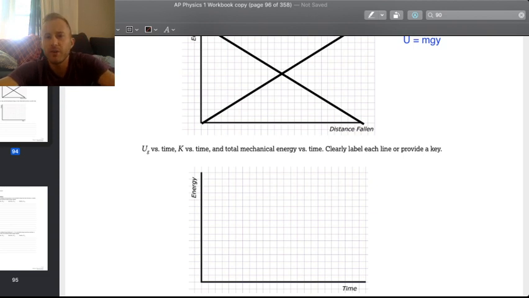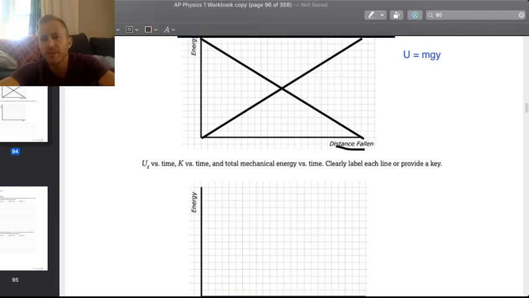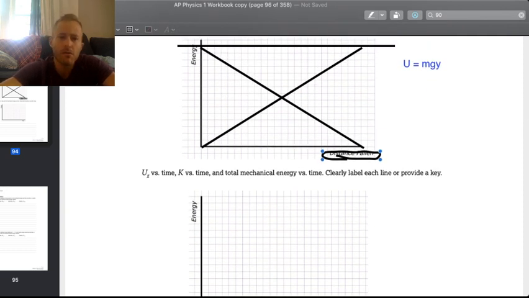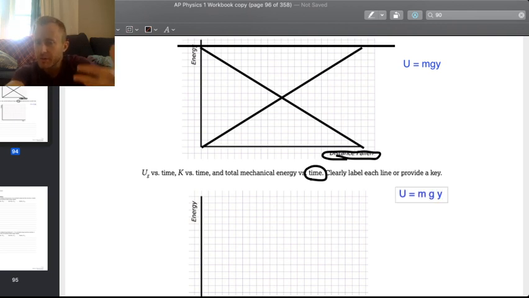So now, notice how this first graph was versus distance fallen. But now we have versus time. So that's going to make it tricky. Well, not that tricky. So we have U equals mgy, but what is the thing that's changing in time?